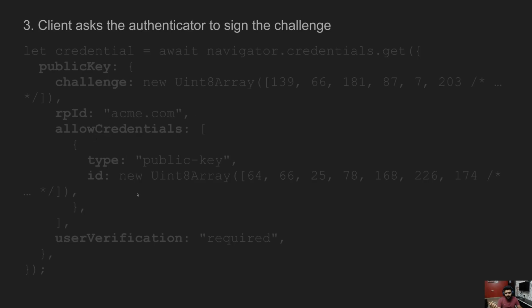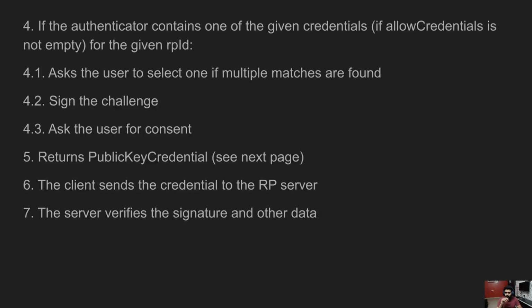Then allowCredentials, if we already know the username. In that case, the server can return this allowCredentials, and userVerification, whether user verification is required or not. User verification means things like the fingerprint of the user or PIN. These things are required or not before signing the challenge by the authenticator.